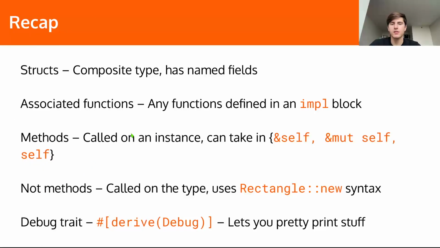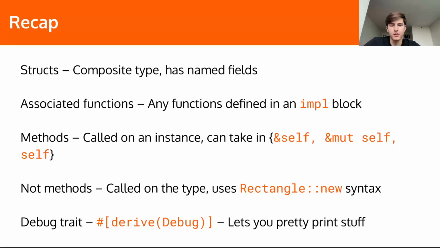So overall, structs are composite types with named fields, unlike tuples. They have associated functions that aren't specifically tied to an instance. They have methods which are tied to instances, so they can take in either a reference, a mutable reference, or they can move the instance itself.